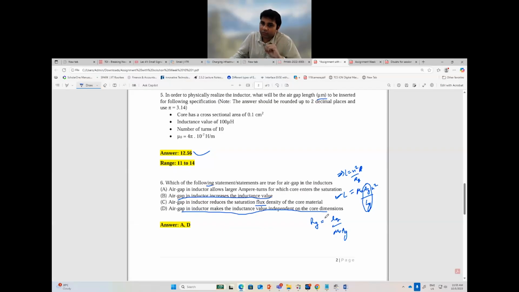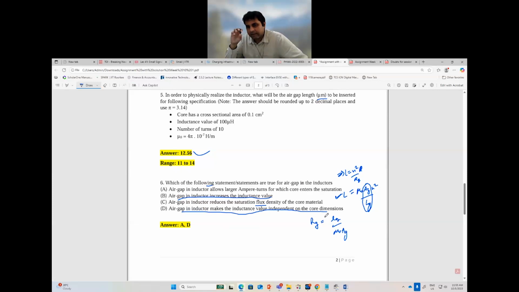Now you may ask: if the core dimensions are not being considered, then why have the core at all? The reason we have the core is that it will direct the flux through the core itself.